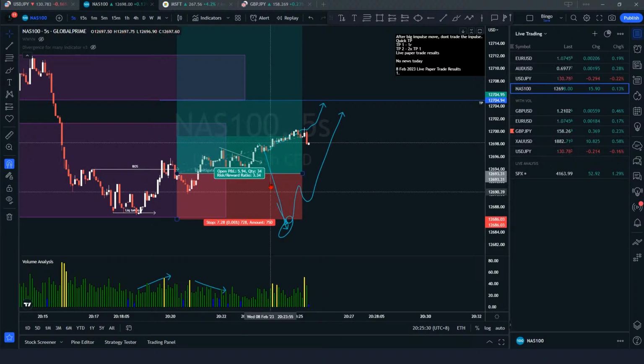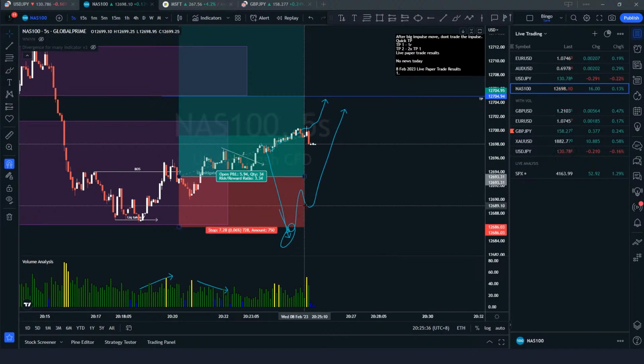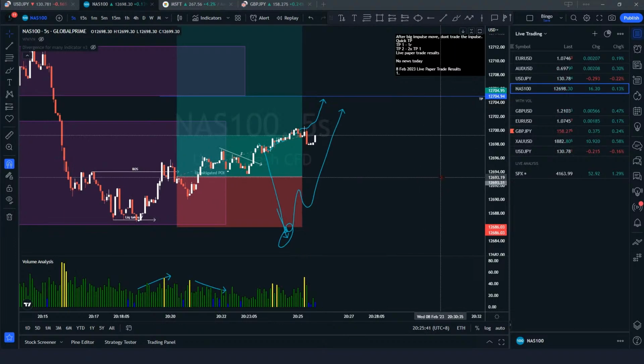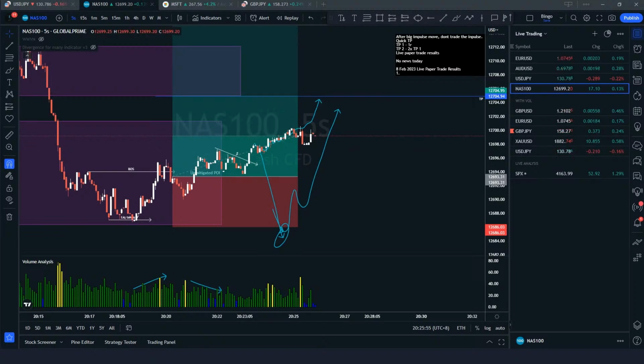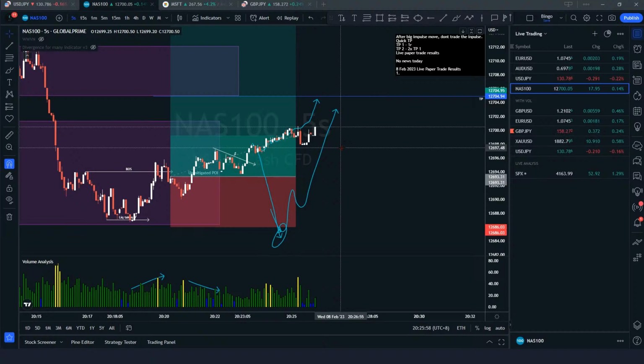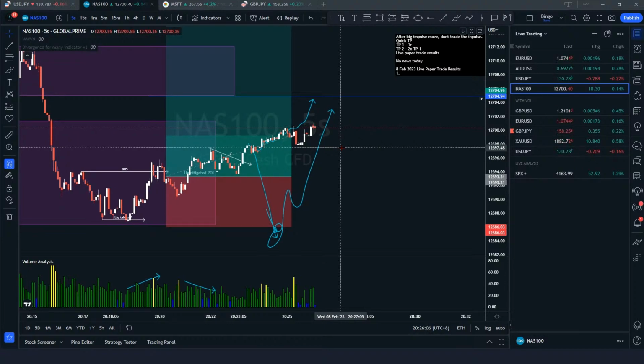Okay, the second scenario might be playing out soon. Let's see what the volume is telling us. Okay, this is a slow rally.